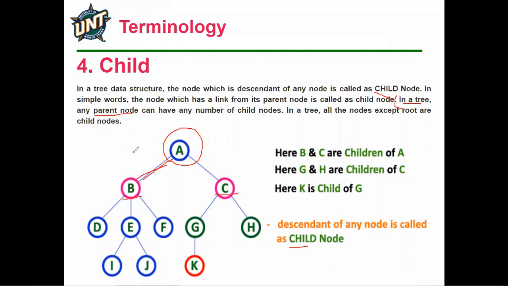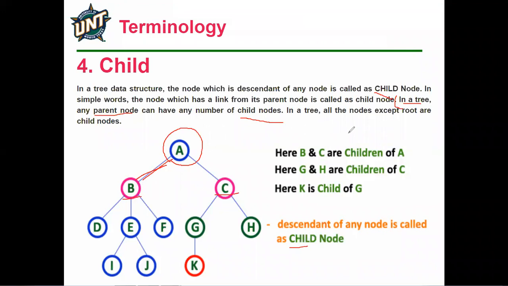We shouldn't just think, yes madam, the child is present so it is a child. No, you should know the concept behind this: in a tree, any parent node can have any number of child nodes. Everyone can see here, any parent node can have any number of child nodes.